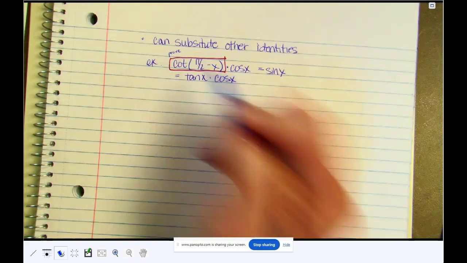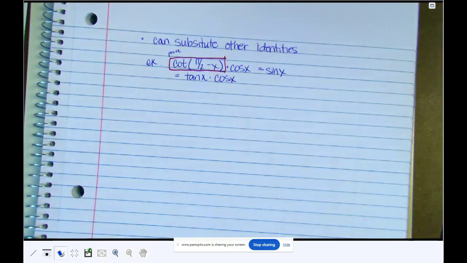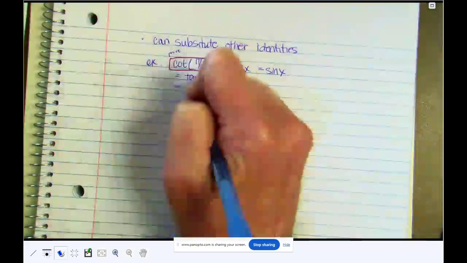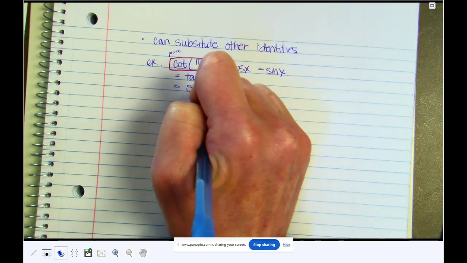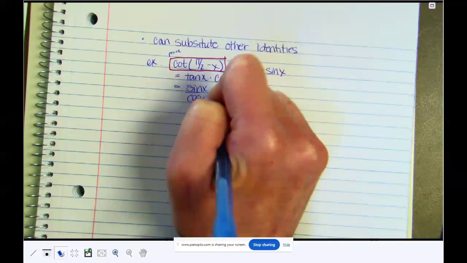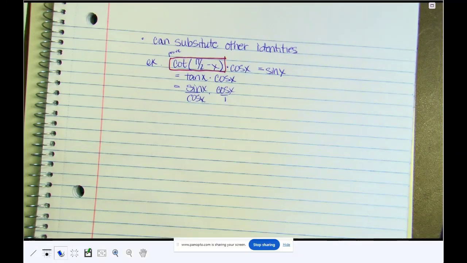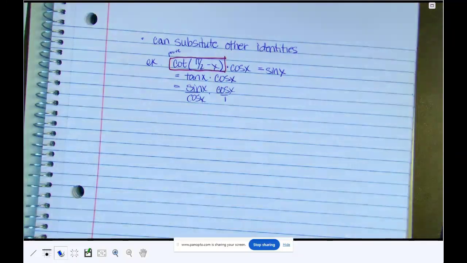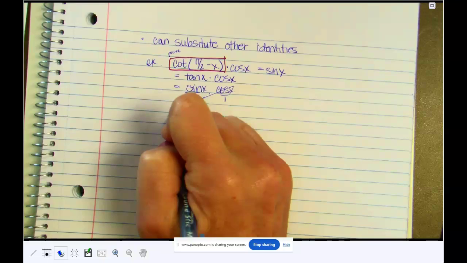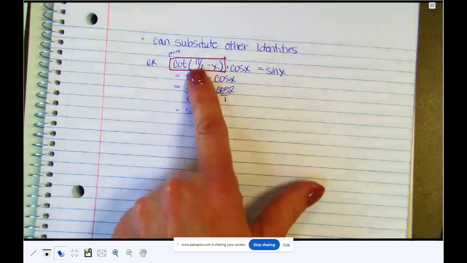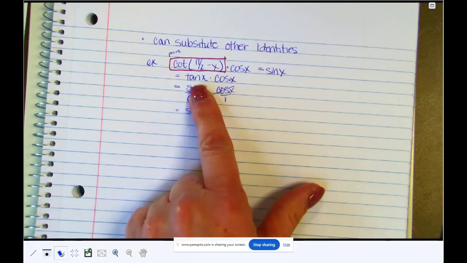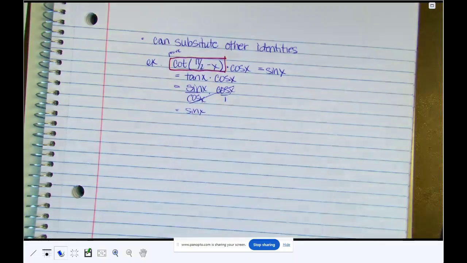This is an easy one because we're going to turn our tangents into what? Yeah, sine over cosine. So sine over cosine times cosine over 1. What happens? Cosines cancel, and then you just have sine. I like those. I think I like those because this looks terrible, and I just like to change it and make it look better.